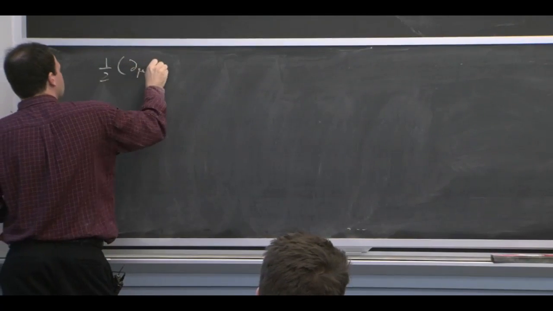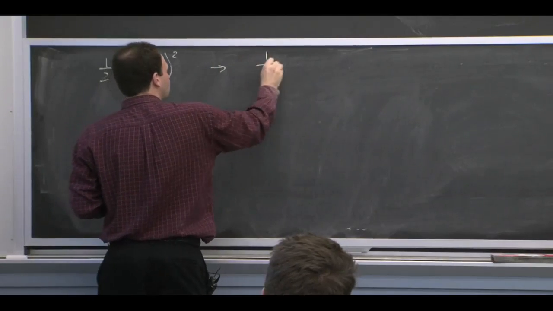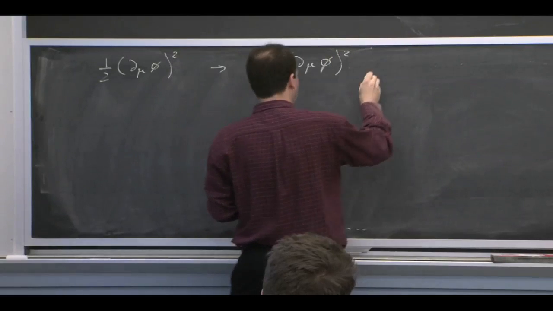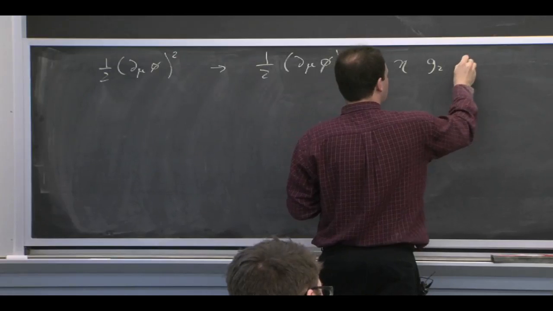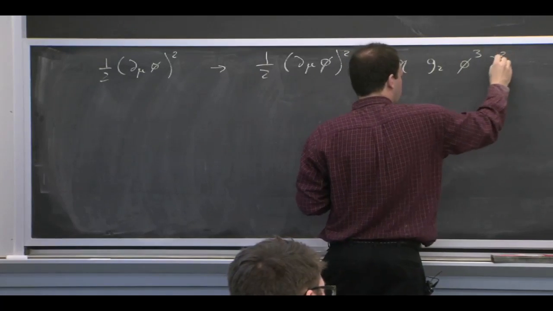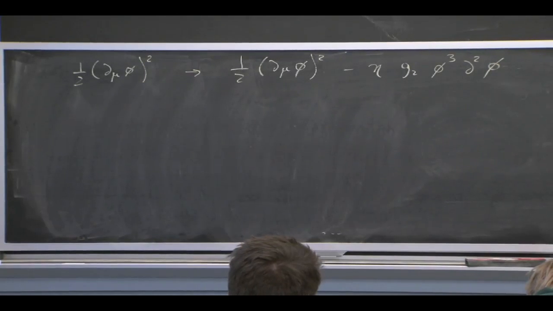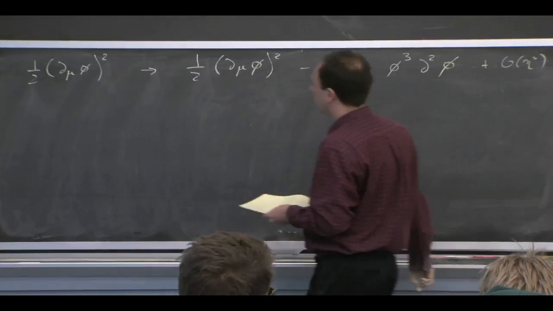So the term that's a half del mu phi squared goes to half del mu phi squared from the first term. And then we pick up a term that's exactly of the form we want to kill this extra term here that was proportional to del squared. And then there would be an order eta squared term.